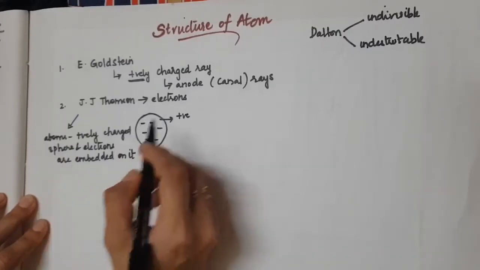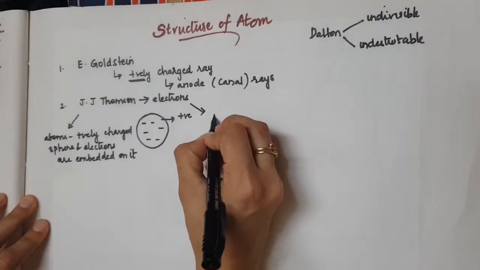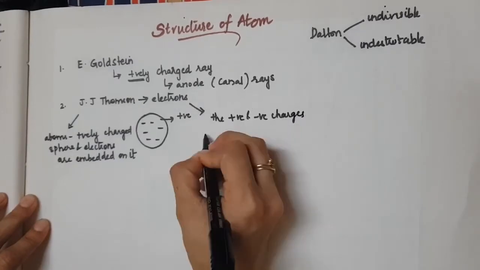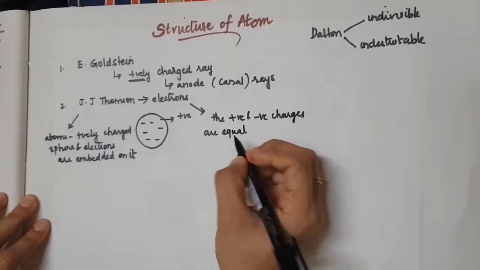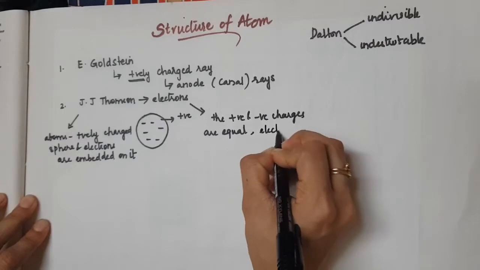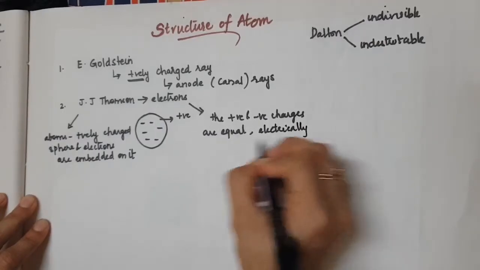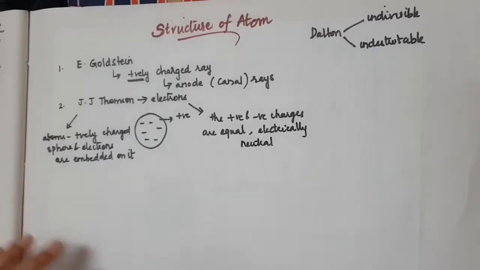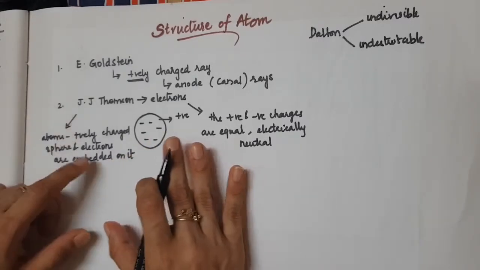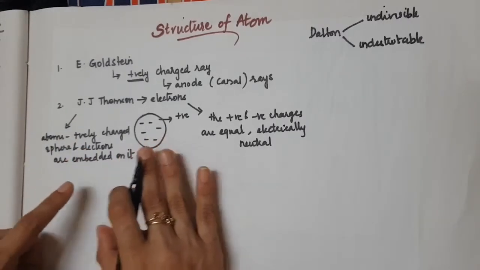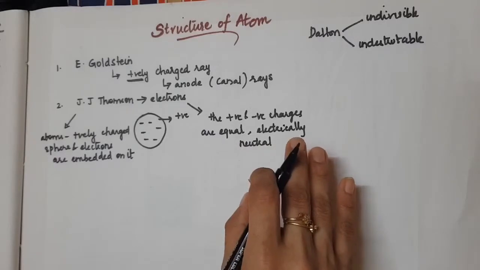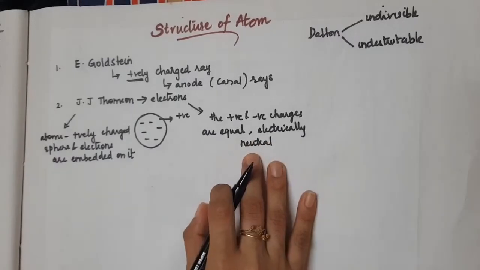The second conclusion was that the positive and negative charges are equal in magnitude, so the atom as a whole is electrically neutral. So this is what he concluded from his experiment: in an atom, the positively charged sphere has electrons embedded on it, the positive and negative charges are equal, and the atom as a whole is electrically neutral.